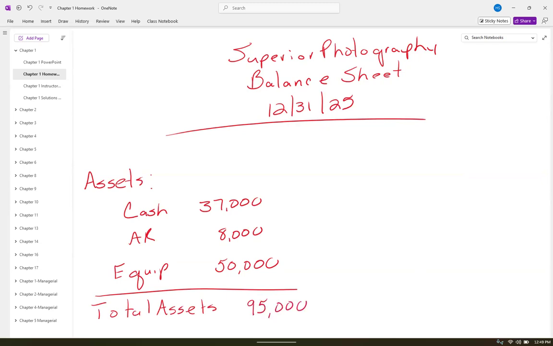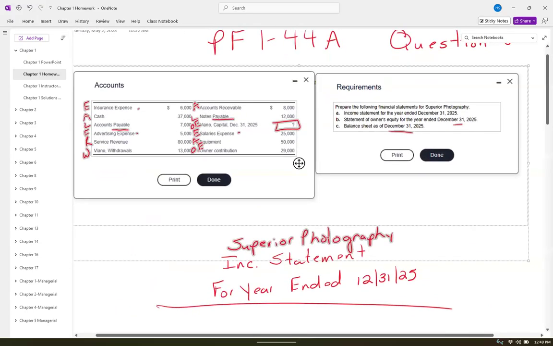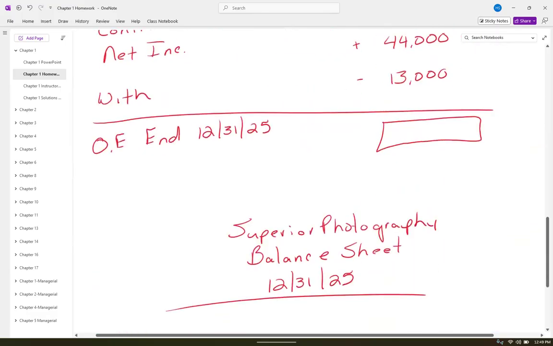Okay, now we're going to come over here. We had two liabilities and we had accounts payable of 7,000. And we had another one. I didn't write the name down. Let me go back up here and look really quick. We had our notes payable, which was 12,000. Okay.